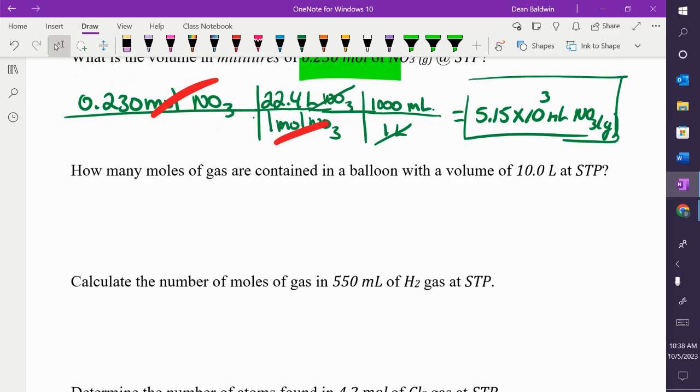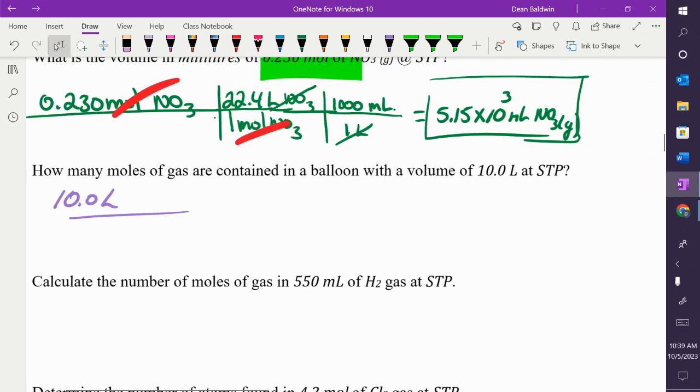How many moles of gas are contained in a balloon with a volume of 10 liters at STP? What goes in the first box? What piece of information are you given? 10.0 liters of our gas. We don't even know what the gas is. We don't actually care because all the gases have the same volume. I want to know how many moles. So what's the conversion factor? You need liters in the bottom box, right?